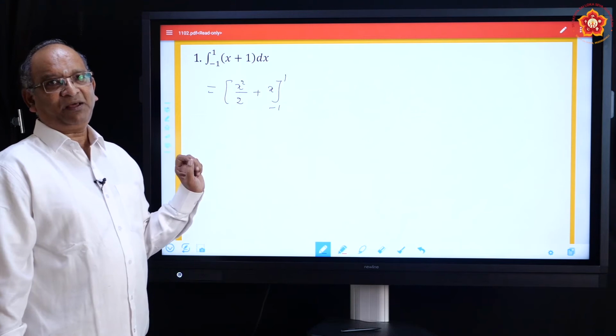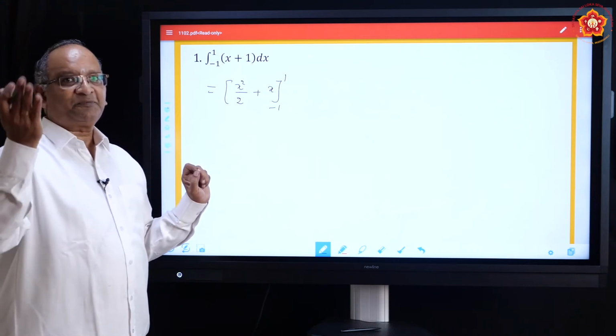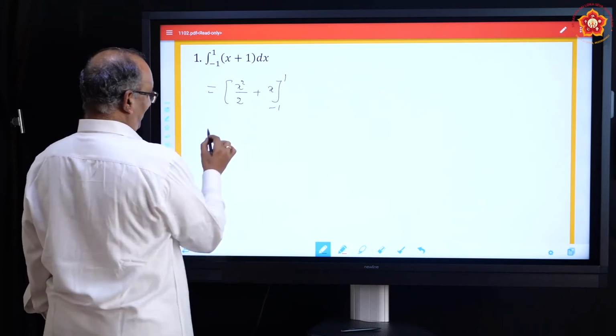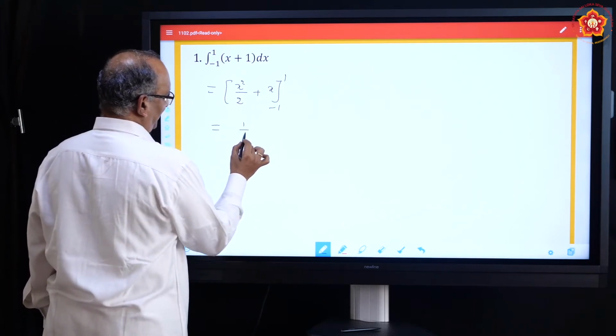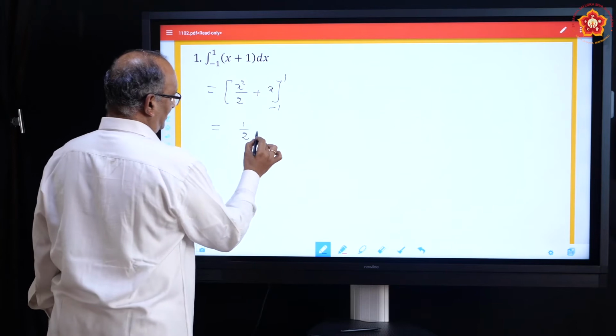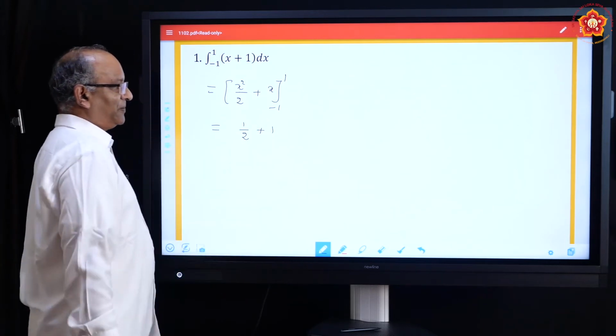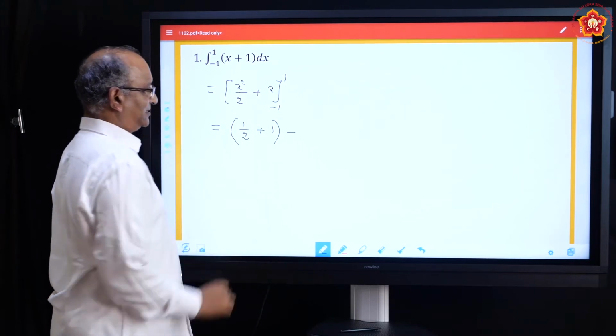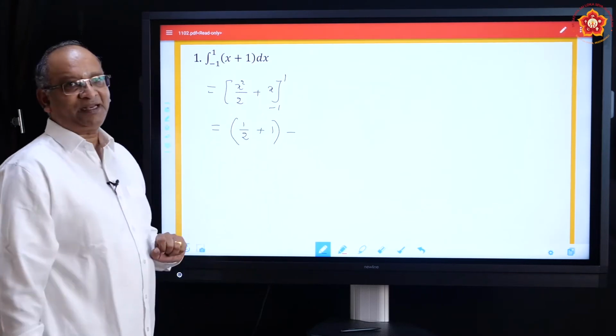Now, to complete the problem, what we need to do? We first substitute the upper limit. In place of x, write 1. So it is 1 by 2, because 1 square is 1, plus 1. This is the upper limit. Minus the lower limit. Now substitute minus 1 in place of x.